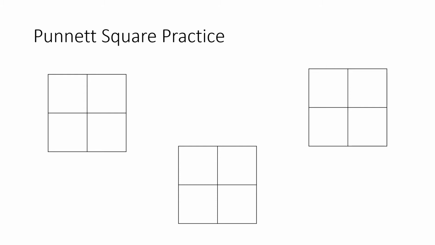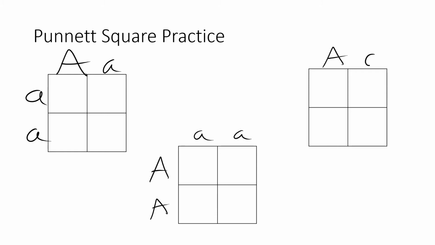So again, we can practice some more here. I can give you any combination of letters here we can look at, and you can figure them out. So for instance, look here, and you can see I'm just bringing the letters down and over as I come across.